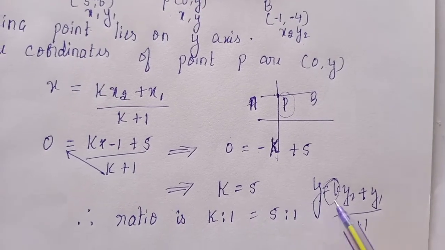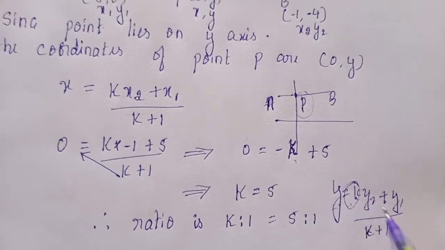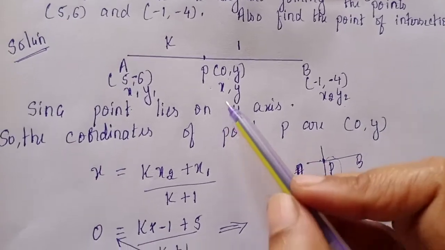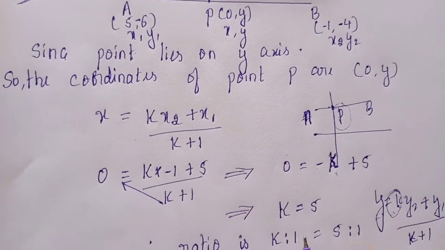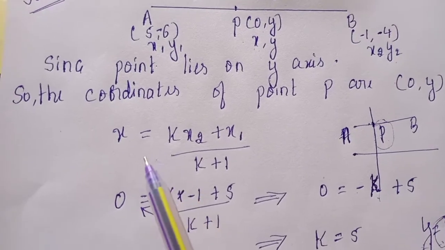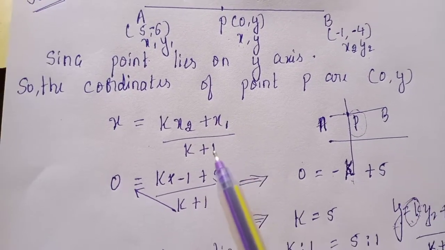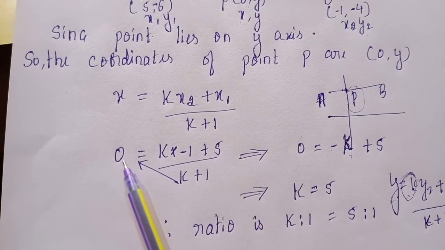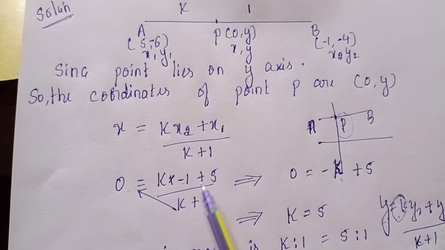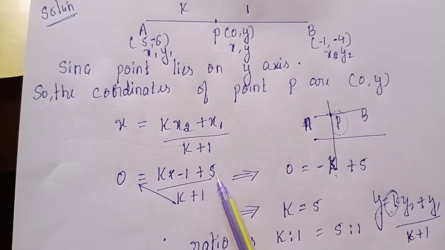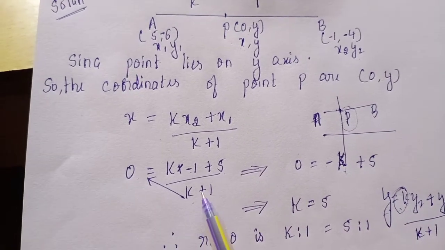So two unknown variables. So you cannot find the k value here. So since x is 0, if you take x then only you will get the ratio k. So x equals kx2 plus x1 whole divided by k plus 1. You know x is 0. k into x2 is minus 1 plus x1 is 5 whole divided by k plus 1.